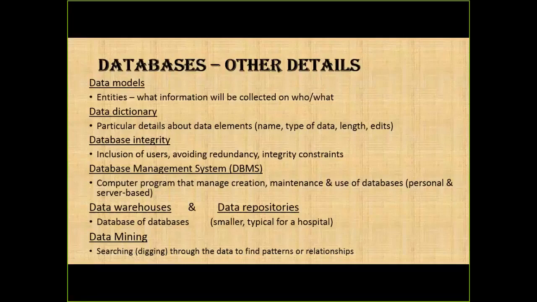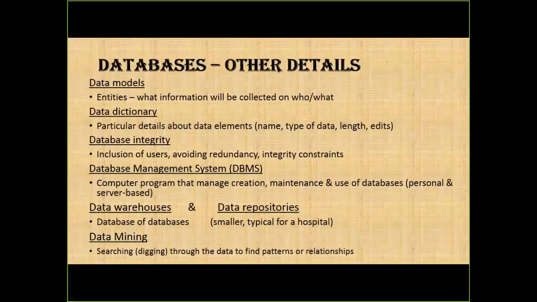Or the name of the data is gender. For this one, it's still going to be letters, but the length is going to be just one character, and so on. Okay? And edits allow you to avoid entering certain things that are not going to be correct. Okay? So, again, we had the example of male, female, and how you could not enter anything else but M, F, or U.